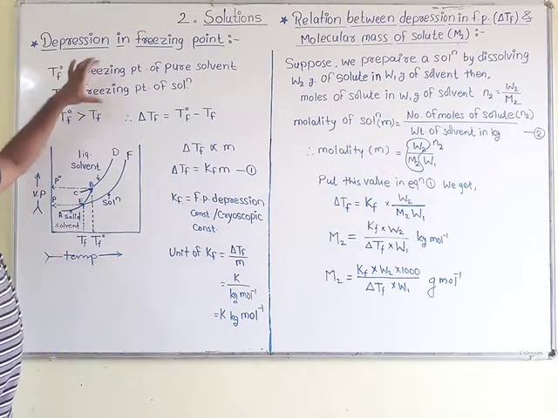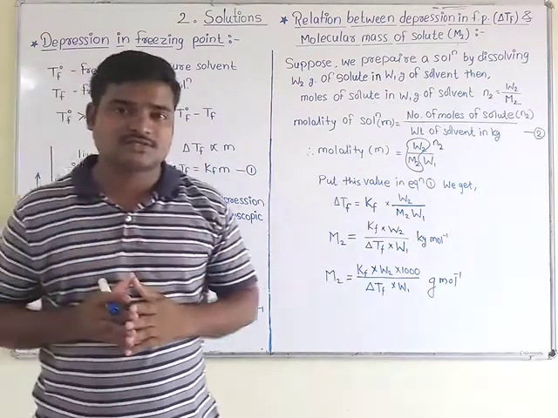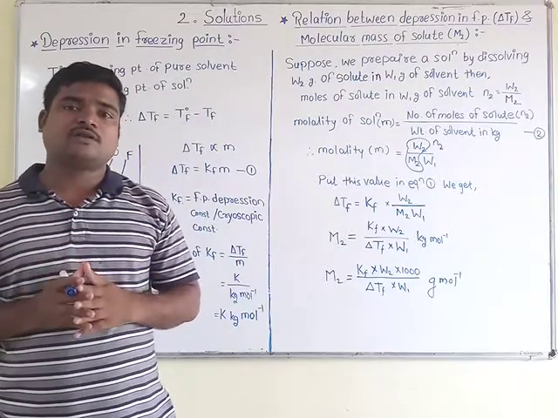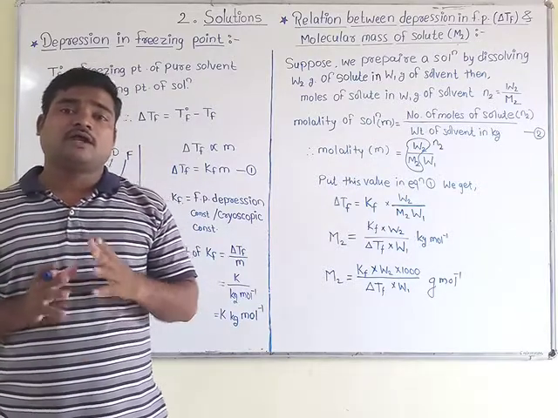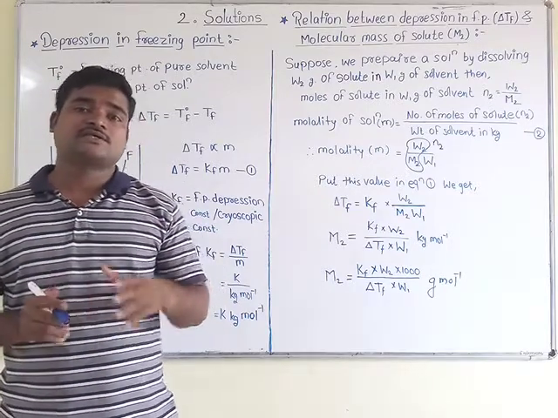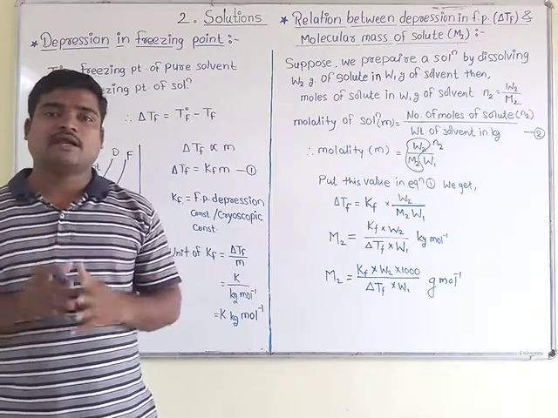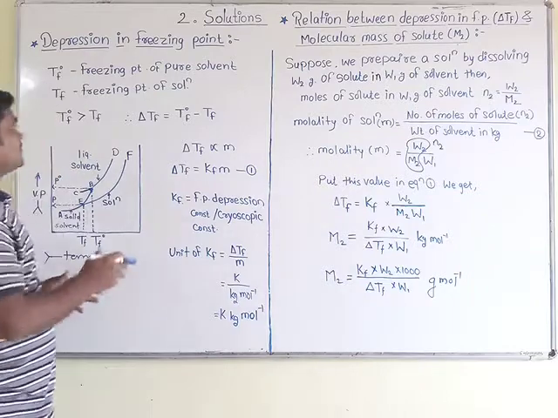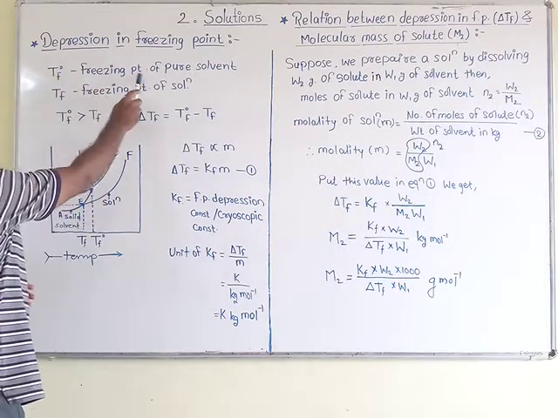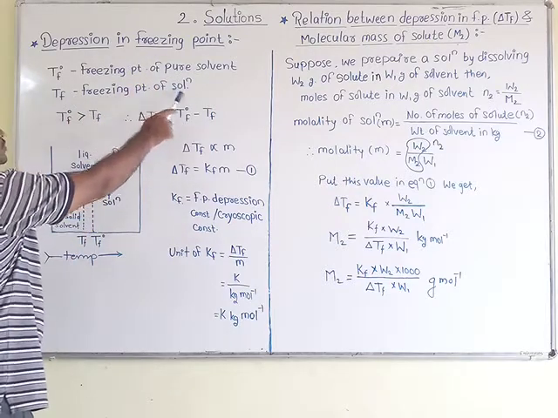But for better understanding we will see how these two terms are related with each other. Let us consider a simple example. Suppose you have a liquid and in that liquid you have added some amount of salt, that is a solute. Then T0F is the freezing point of the pure solvent and TF is the freezing point of the solution.